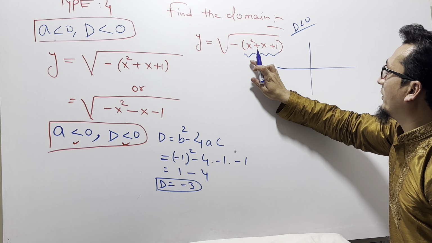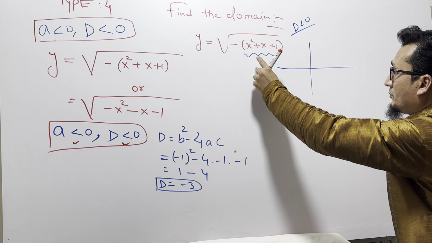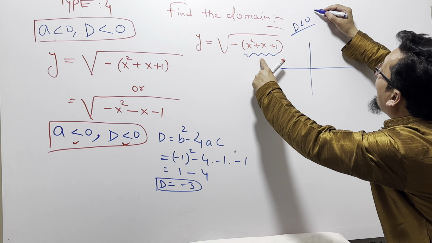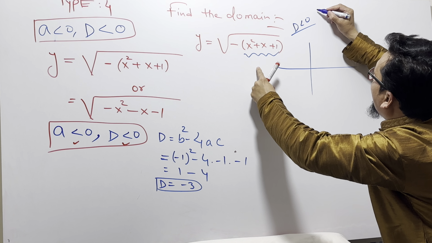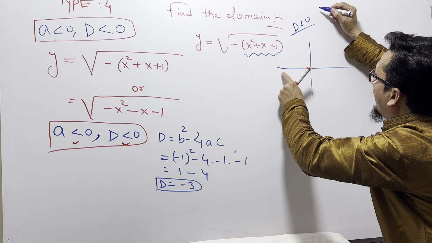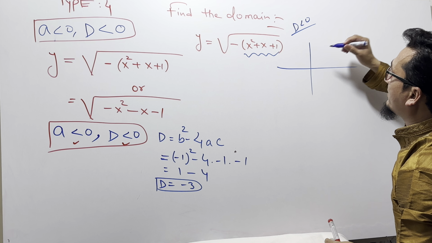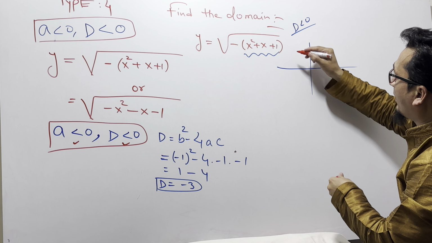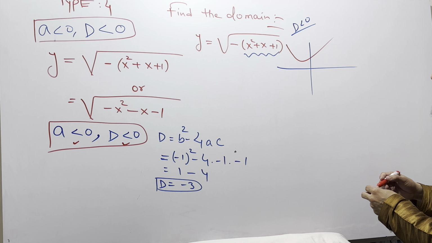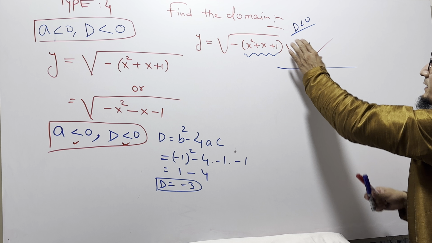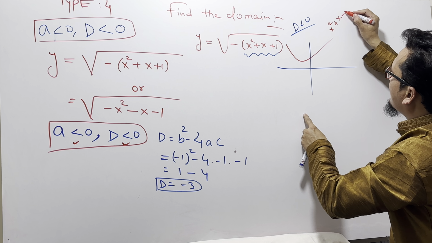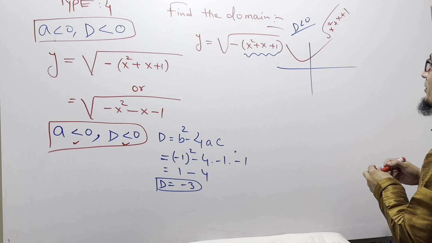Here we cannot find the value of x. It means the graph will never cut the x-axis. The graph is always up, something like this. This is the graph of x square plus x plus 1 in a square root, for example.